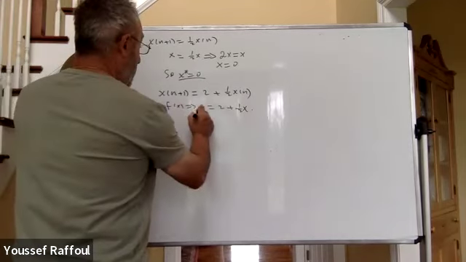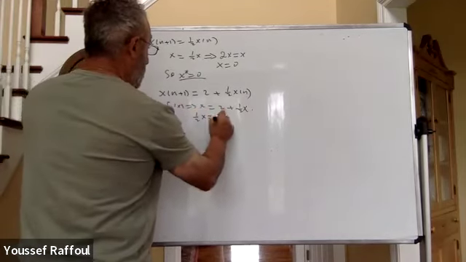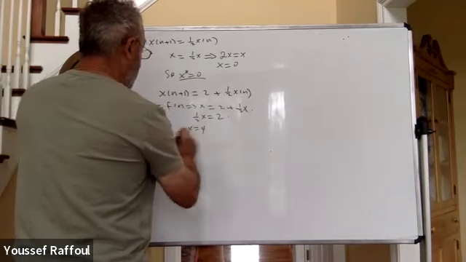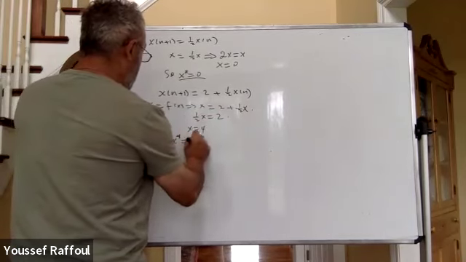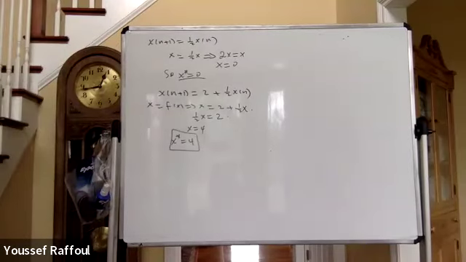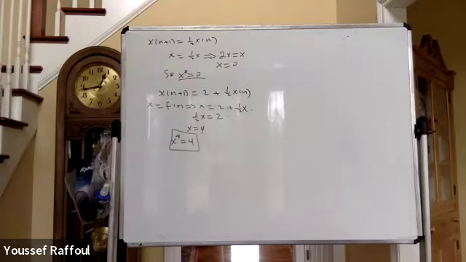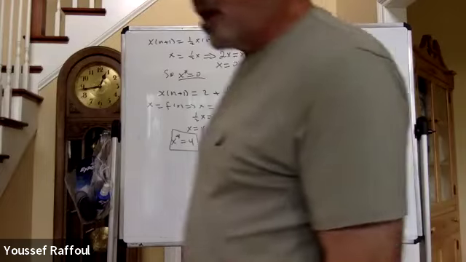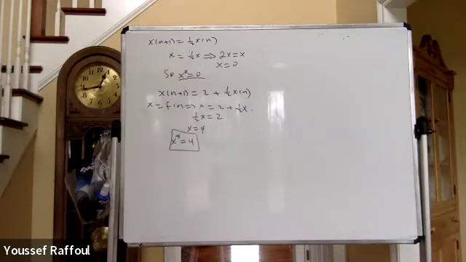So that means 1/2 x equal to 2, or x equal 4. So x star is 4. So this has a fixed point, or a constant solution, equal to 4.